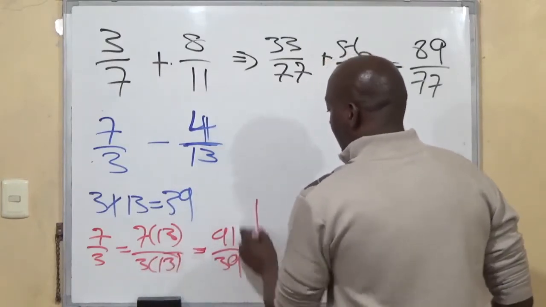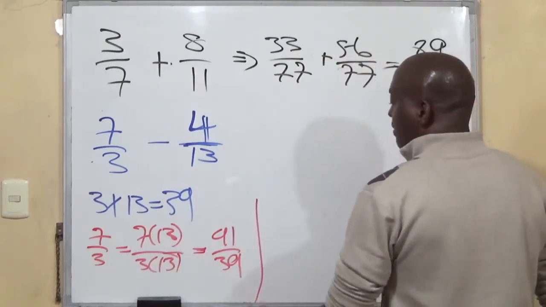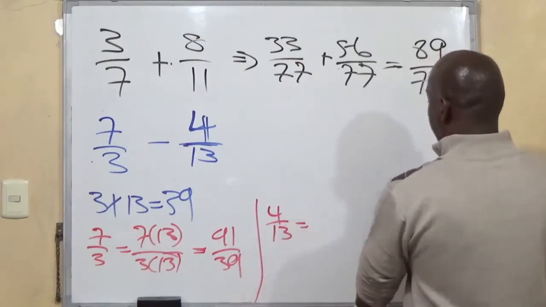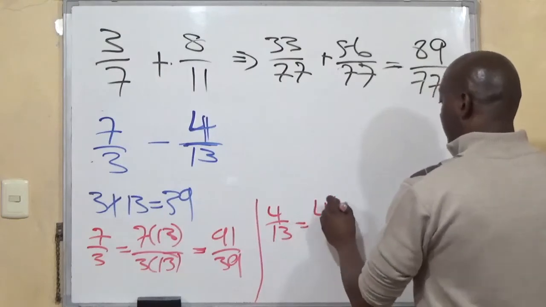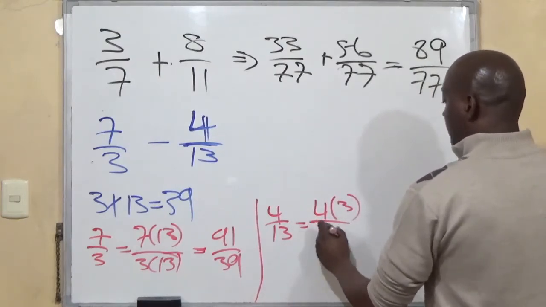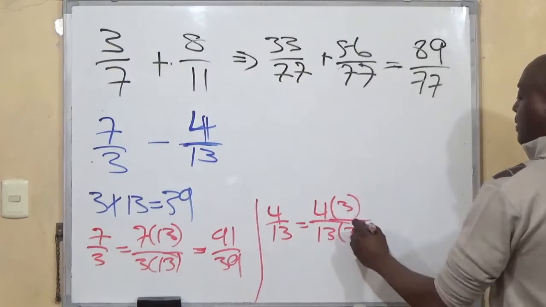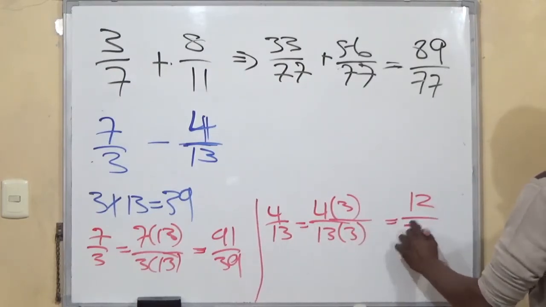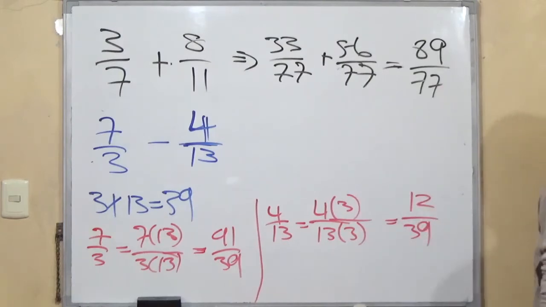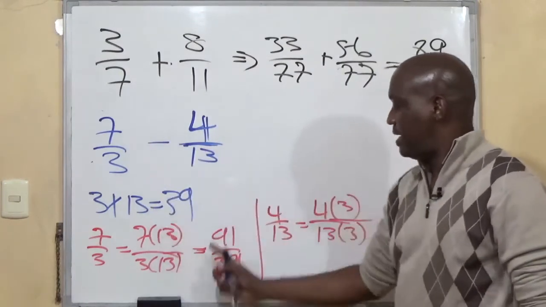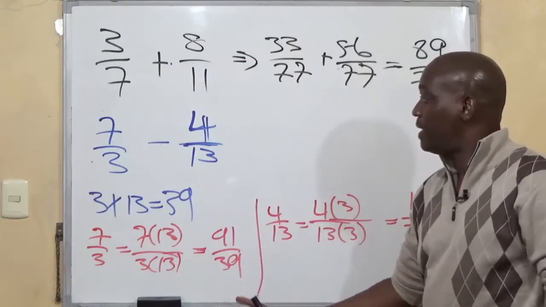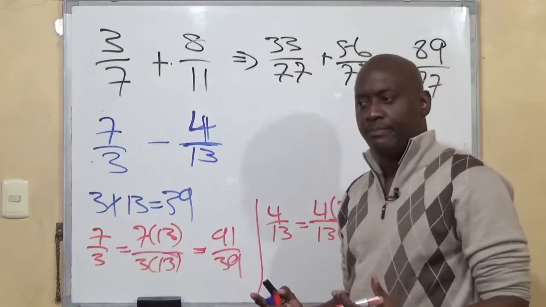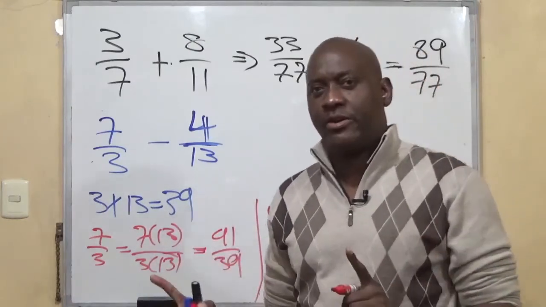Yeah? And by the same token, we could say that 4 over 13 is the same thing as 4 by 3 over 13 by 3. 4 by 3 is 12. 13 by 3 is 39. So we have now expressed 7 over 3 as 91 over 39, and we have expressed 4 over 13 as 12 over 39. So again, the appearance has changed, but the value remains the same.